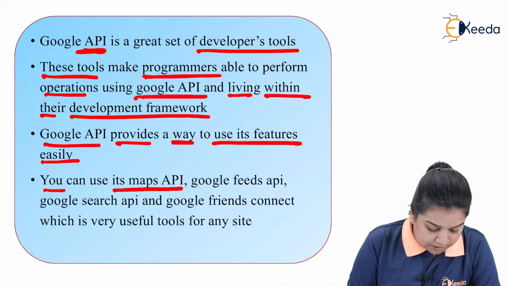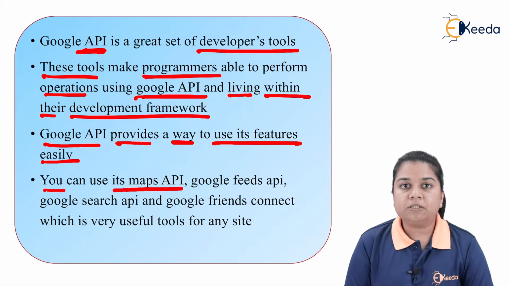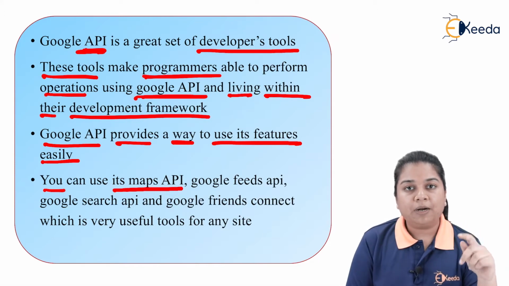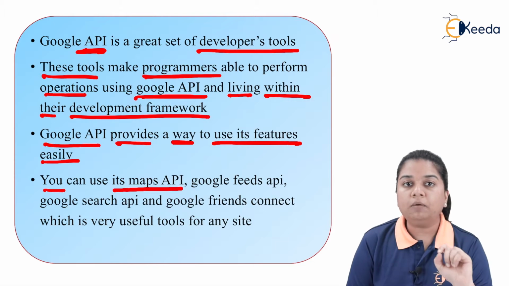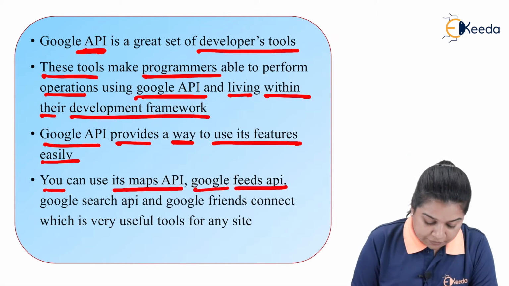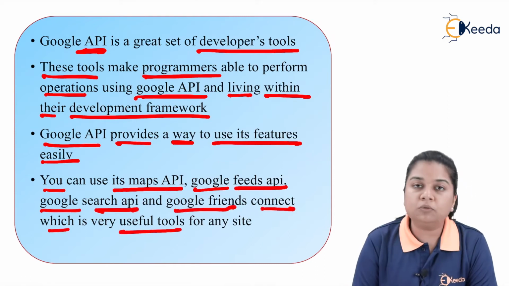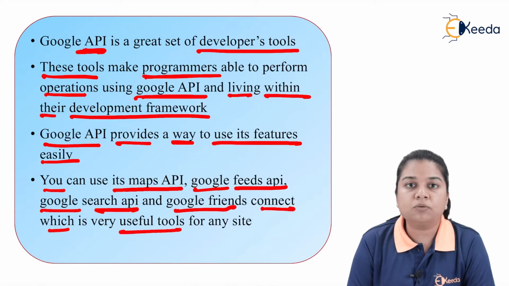Here you can use its Maps API, that means those application programming interfaces used for maps, then Google Feeds API, then Google Search API, Google Friend Connect, which is a very useful tool for any site to build.